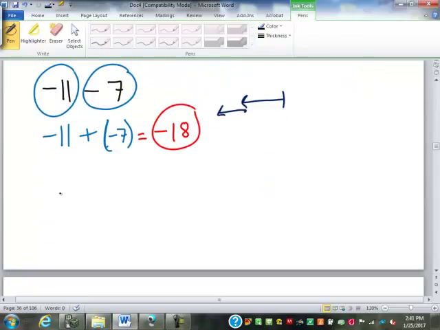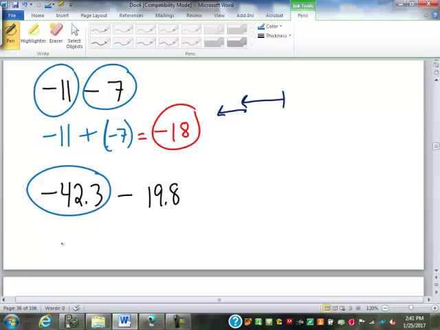So we might have a negative 42.3 minus 19.8. So what's going to happen to the negative 42.3? Say nothing. There we go. It stays negative 42.3. What happens to the subtract 19.8?